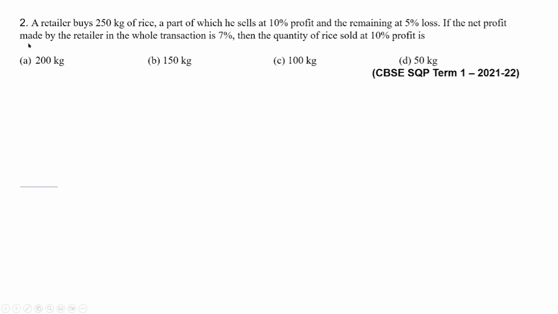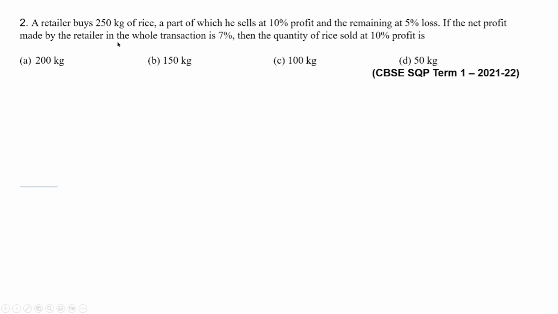Now moving on, a retailer buys 250 kg of rice, a part of which he sells at 10% profit and the remaining at 5% loss. If the net profit made by the retailer in the whole transaction is 7%, then the quantity of rice sold at 10% profit is. So here we can see that this question was given in last year's sample question paper term 1.